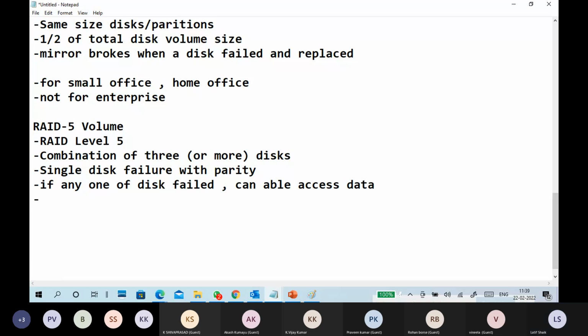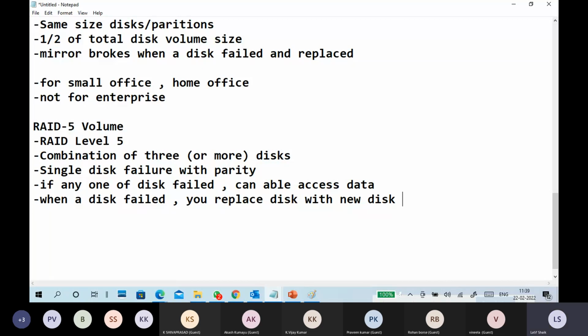Next, when a disk is a failure and you replace the disk with a new disk, data resync.